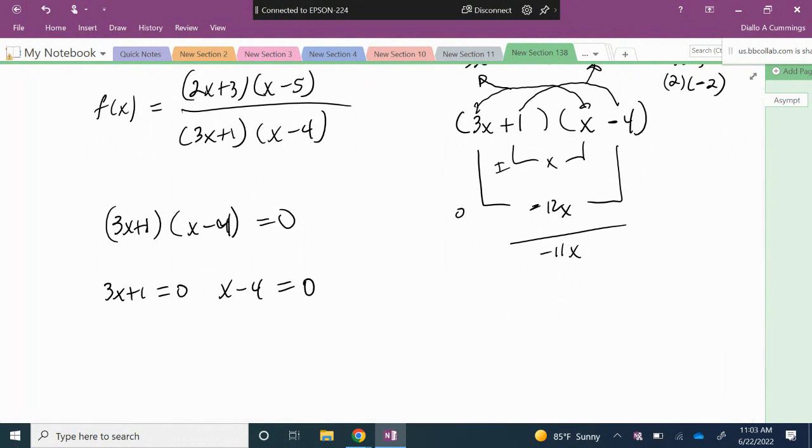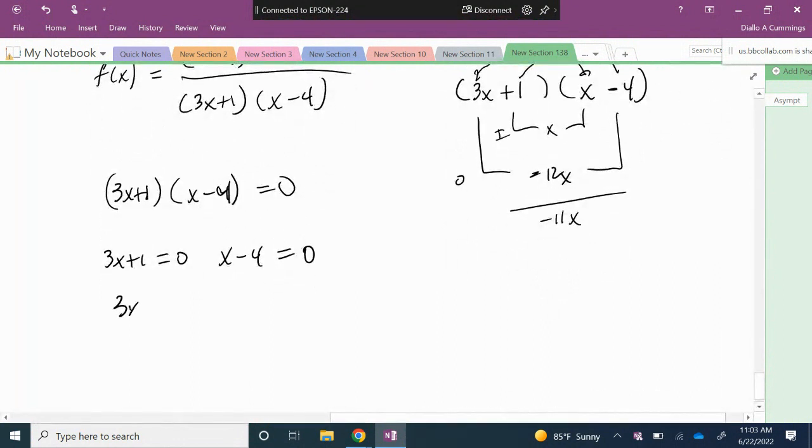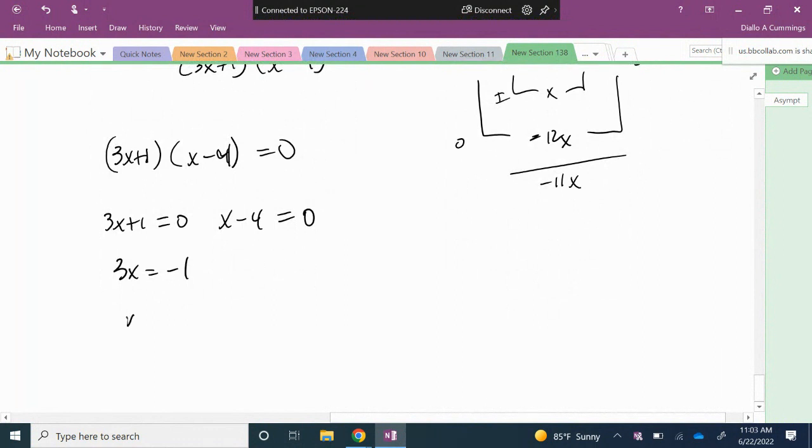In order to solve 3x plus 1 equal to 0 for x, we're going to subtract 1 from both sides. Next, we're going to divide by 3. So we have x is equal to negative 1/3. In order to solve x minus 4 equal to 0, we're going to add 4 to both sides.